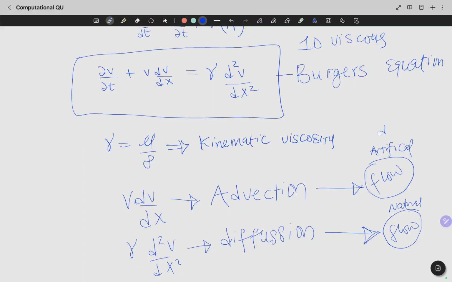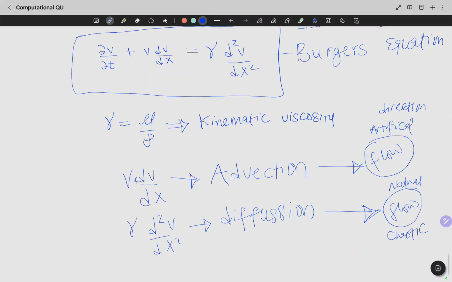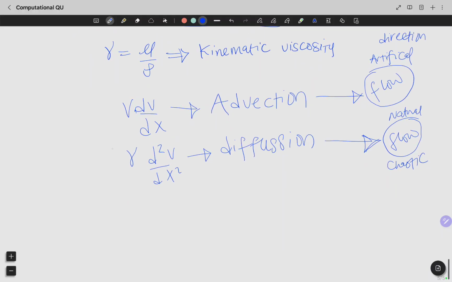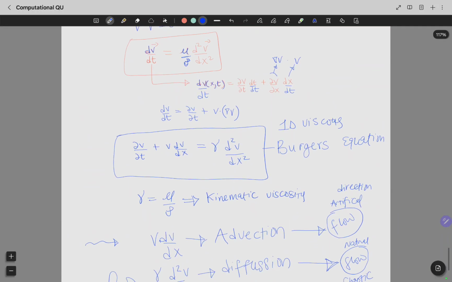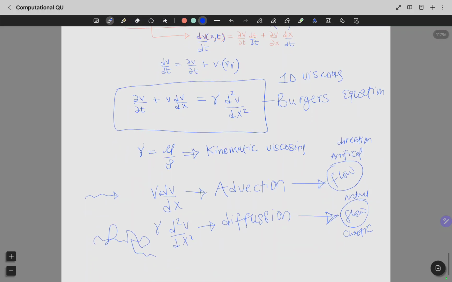This one has direction, this one is chaotic. Diffusion can spread, it's just spreading. So advection can go like this, but diffusion can spread. And that's the Burger's equation. It has an analytical solution. Thank you very much for listening.